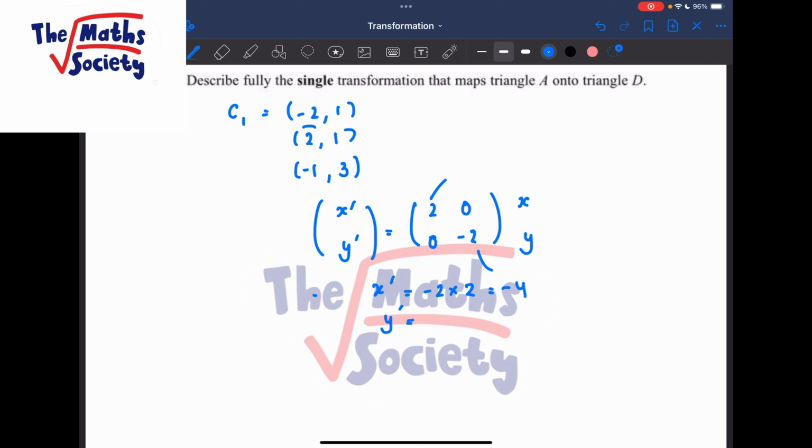And Y prime: the Y is 1, and 1 multiplied by -2 gives you -2. So that's your first coordinate, which is -4, -2. You do the same for 2, 1 and then -1, 3. 2 multiplied by 2 is 4, 1 multiplied by -2 is -2. Then -1 multiplied by 2 gives -2, and 3 multiplied by -2 is -6. So these are your coordinates.